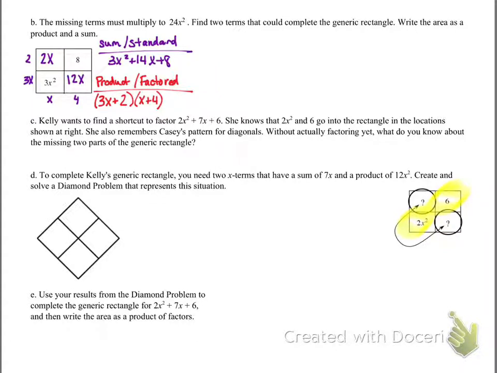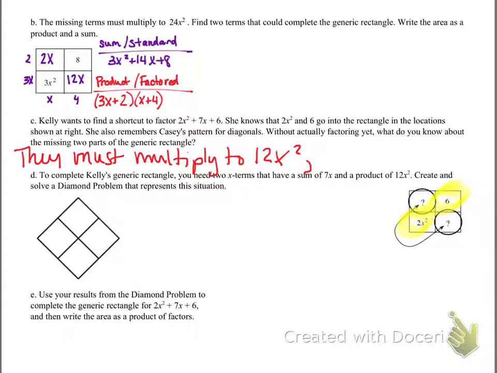We know that the missing parts have to multiply to whatever this diagonal multiplies to. That's 12x squared.